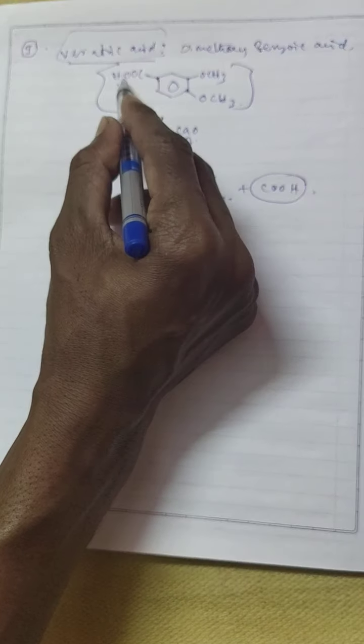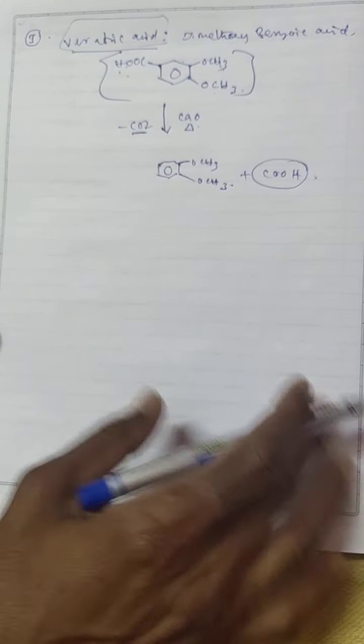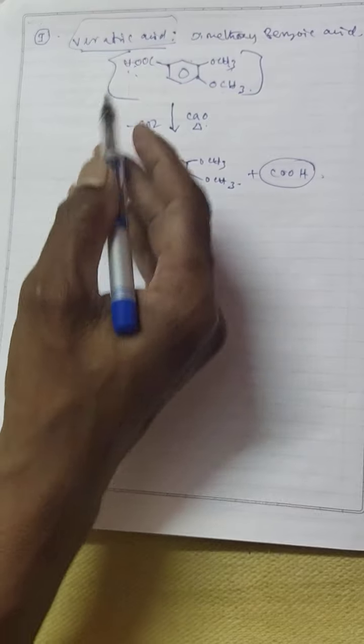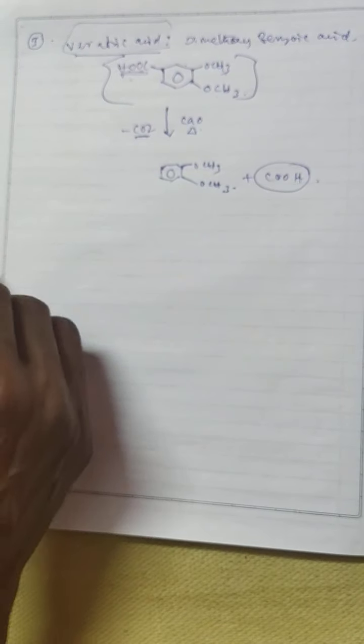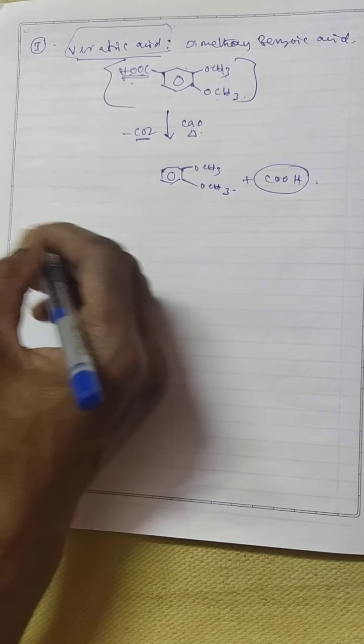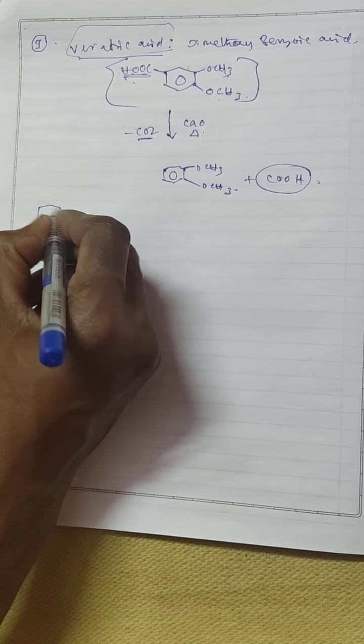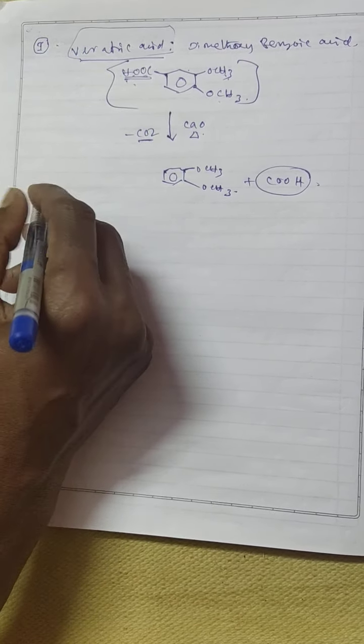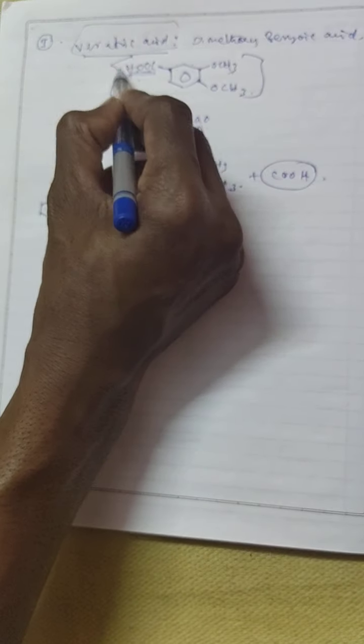So that is the structure of valeric acid. Where is the position of the acid in dimethoxybenzoic acid? That is confirmed by synthesis.